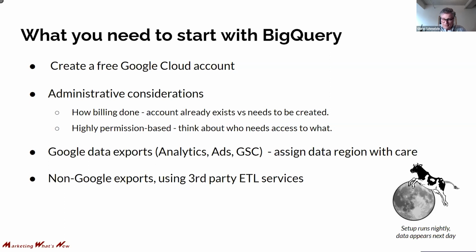So if we think about where the data is going to sit and who's going to have access to it, then we can get into exporting our Google Analytics data. We pop into the admin section of our Google Analytics 4. We go down to this thing called BigQuery. We start the setup.